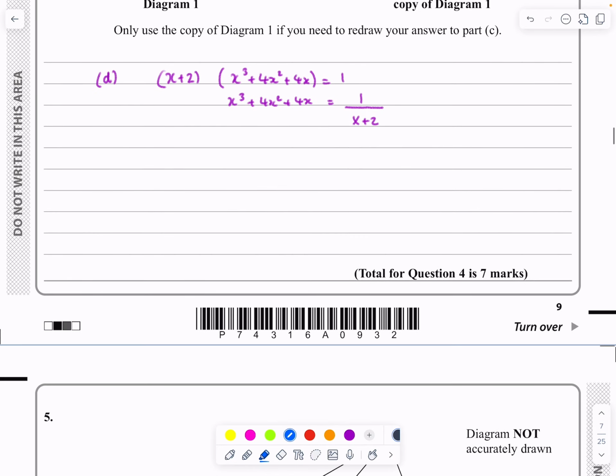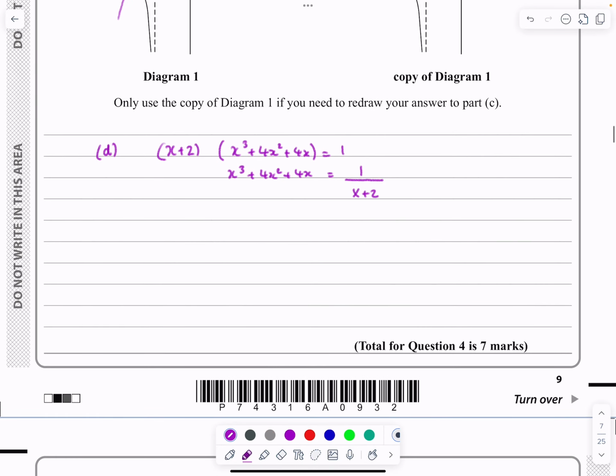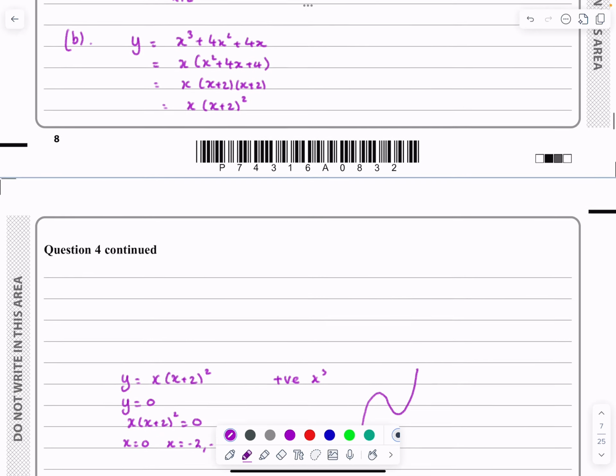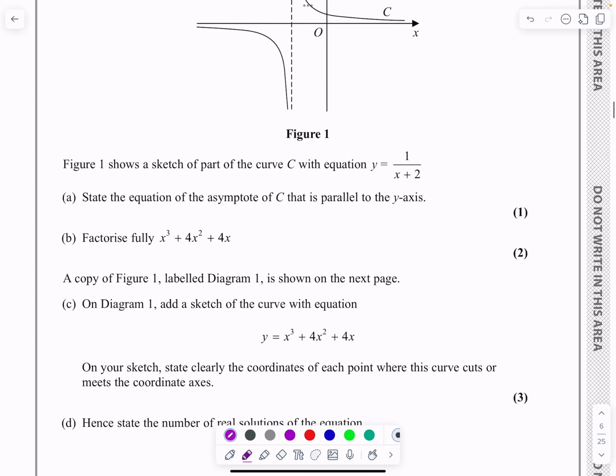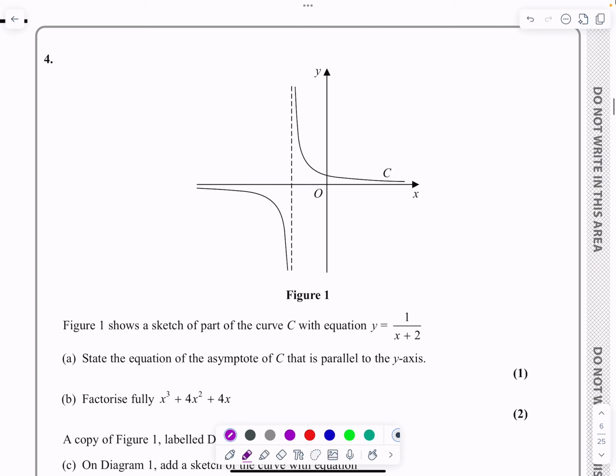So I can now say the graphs meet at 2 points. Therefore, there are two solutions. Okay, yeah, so a lot of work involved in that one, but hopefully that all makes sense to you if you just check it through.